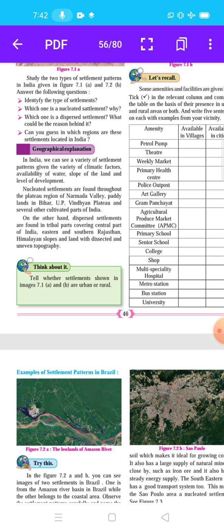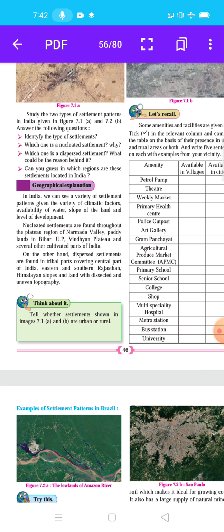Nucleated settlements are found throughout the plateau region. 7.1a is a nucleated settlement. They are found in the Narmada Valley, paddy lands in Bihar, UP, Vindhyan Plateau and several other cultivated parts of India.